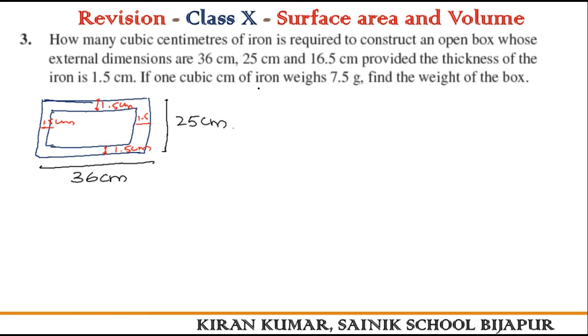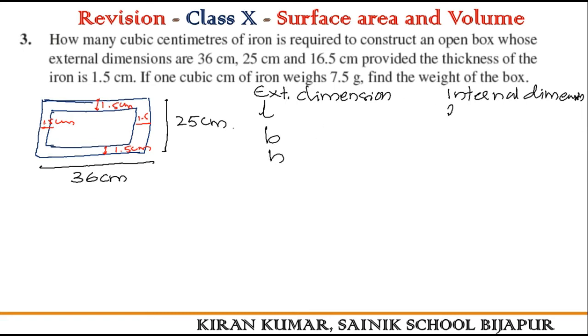One is the external dimension, another is the internal dimension. You have to be very careful while writing them. Let me write external dimensions with symbols LBH and internal dimensions with the symbols L1, B1, H1.